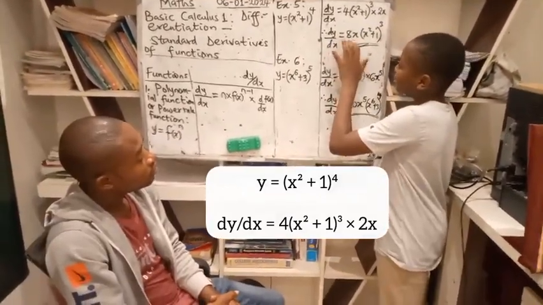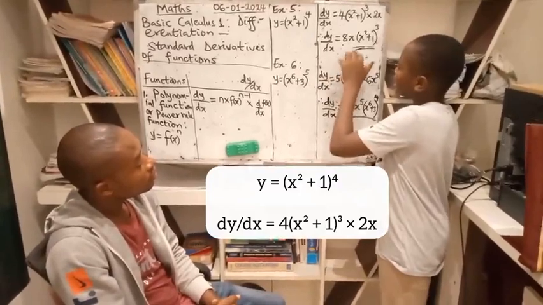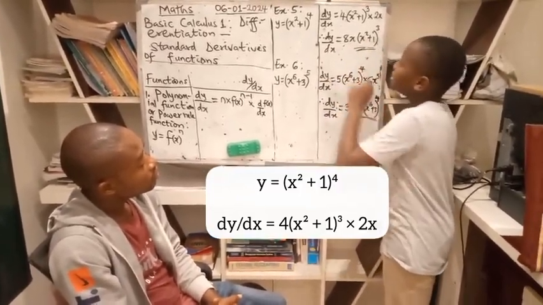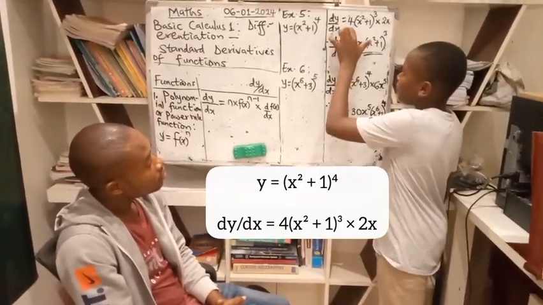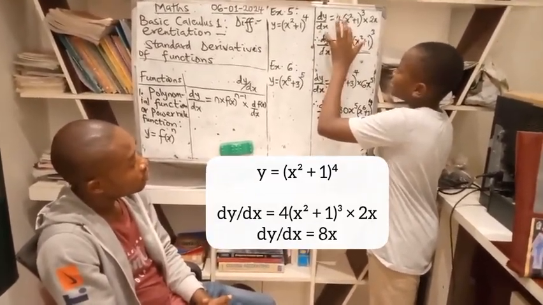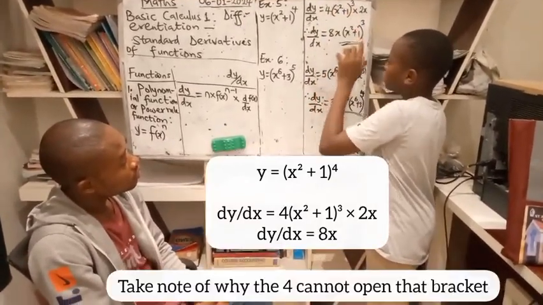To get our final answer, which is dy dx equal to 8x bracket x raised to the power 2 plus 1 bracket close raised to the power 3, we times 4 by 2x to get 8x because 4 can't open up this bracket due to the power is not 1.